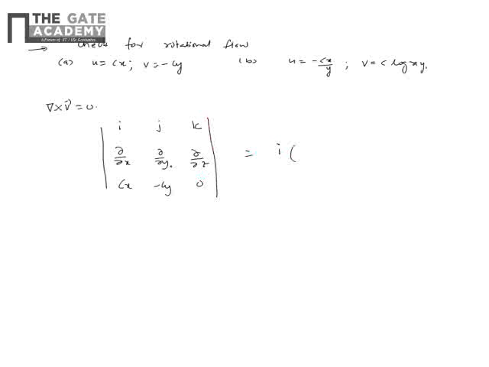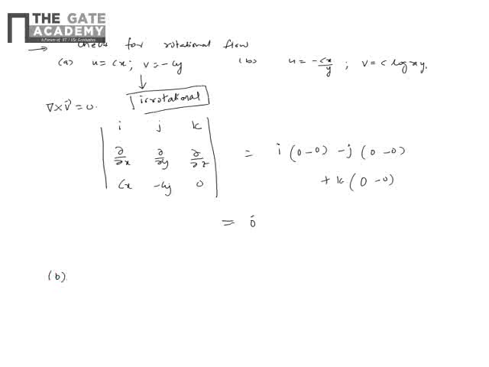So i would be dou by dou y of 0, dou by dou z of 0, it's not depending on z, minus j would be dou by dou x of 0, 0, so this is also 0, plus k dou by dou x of cy. You don't have any terms, dou by dou y of cy is 0, so it's 0. So the first field is irrotational. That is what we get for the first field.